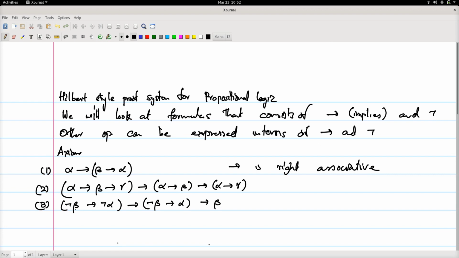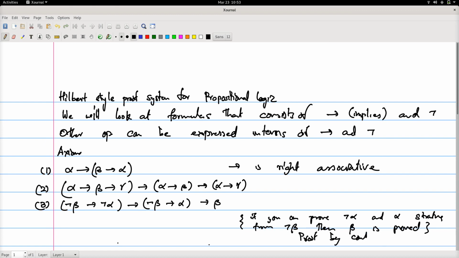You can read this as follows: if you can prove both not alpha and alpha starting from not beta, then beta is proved. This is like proof by contradiction. So these are the axioms.